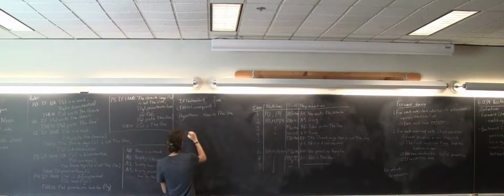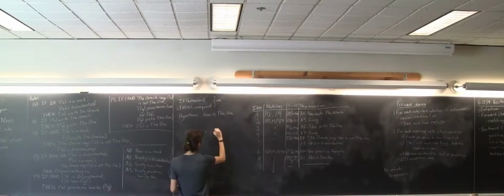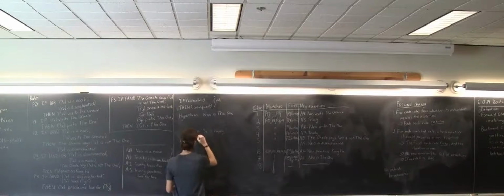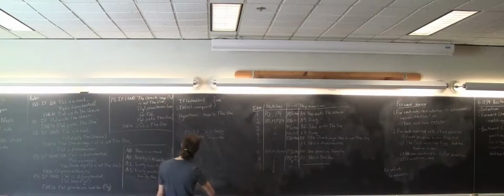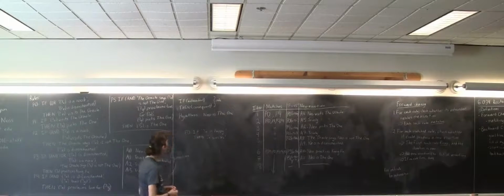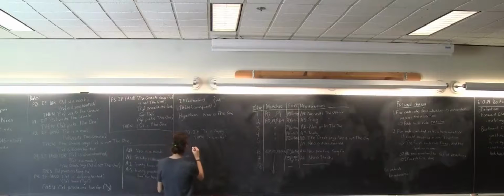Let's say that in some other system you have a rule P0: if X is happy, then X smiles. Oh, actually, I don't think you'll get stuck in a loop. This will get stuck in a loop in backward chaining.